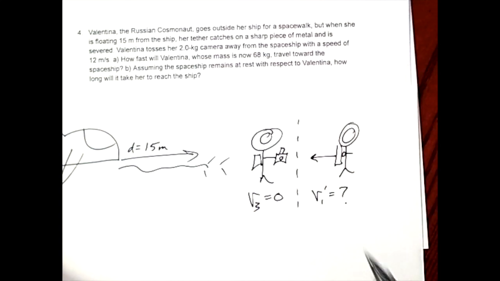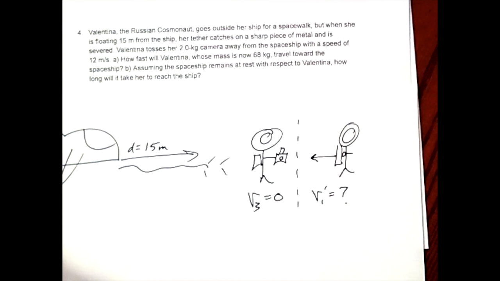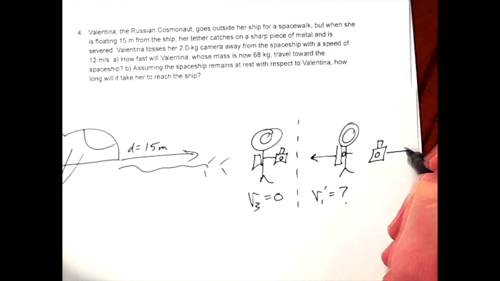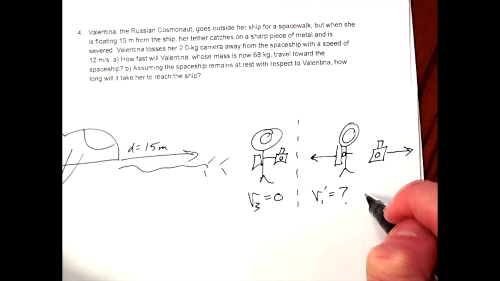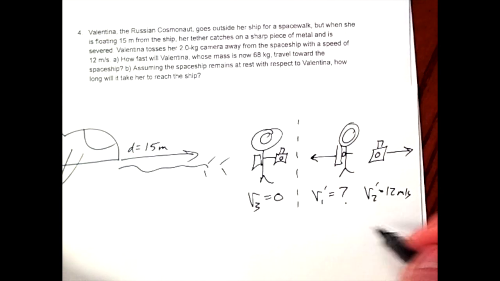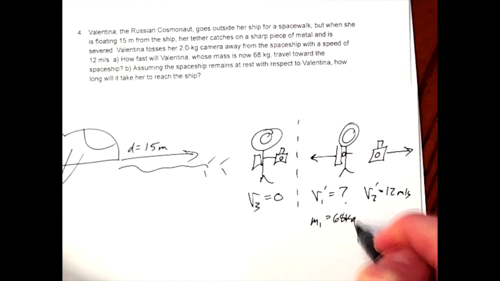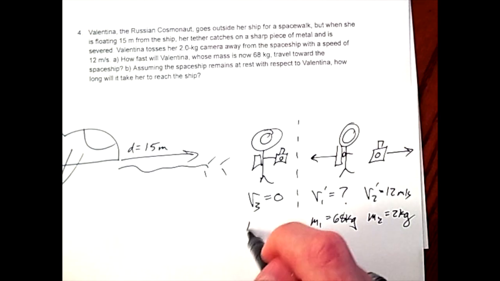Obviously, I know it's this way because I drew the ship. I know where she wants to go back to. That's really helpful. So then I know that she probably chucked the camera out the other way, this direction, so that she could get there. I hope it wasn't a nice camera. I'm sure she can get another one. So I know that M1 is 68. I know that M2 is 2 kilograms, which means that M3 is what?